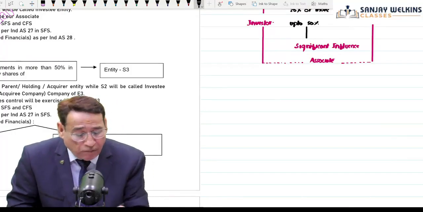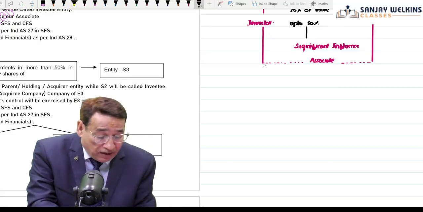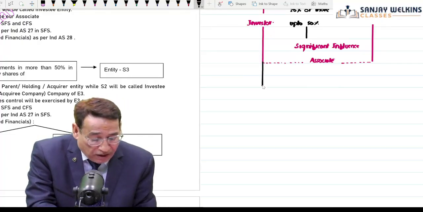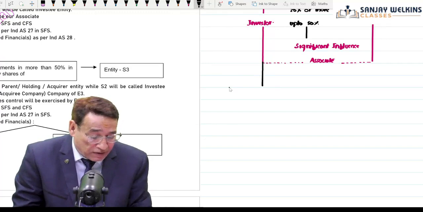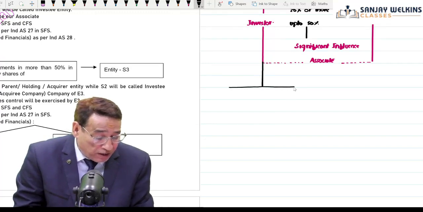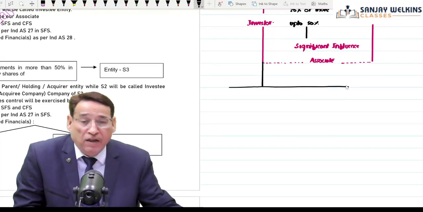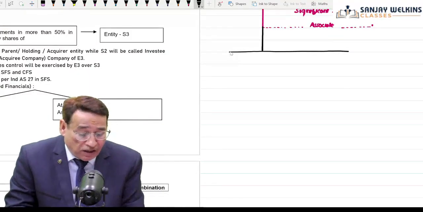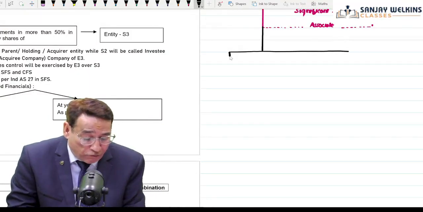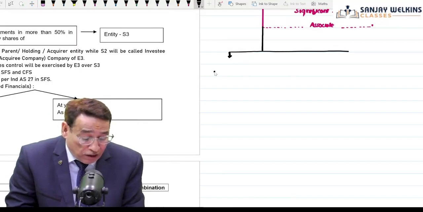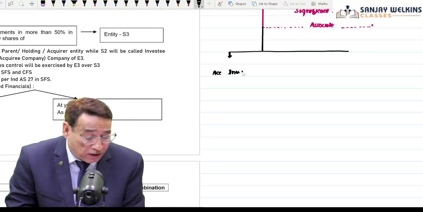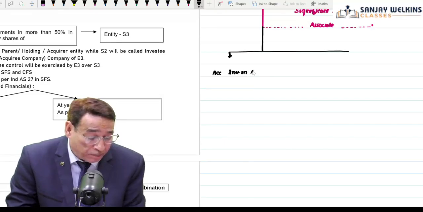Now, the other important point is that in this case, as far as the accounting aspect is concerned, the investor entity will have to account its investment in the associate.